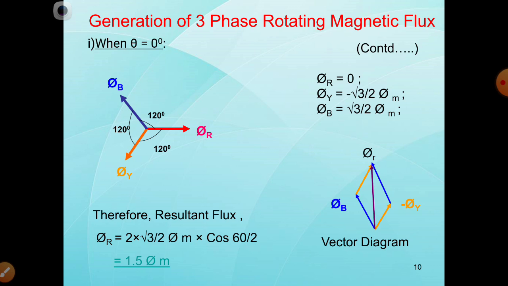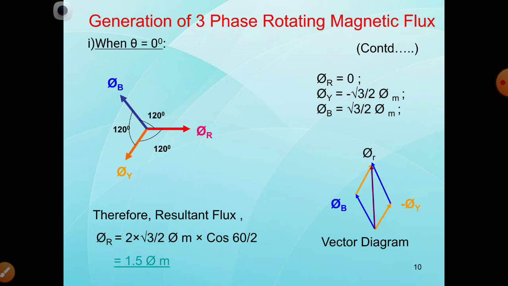Because the magnitude is the same, we use the same formula: root of phi y whole square plus phi b whole square plus 2 into phi y phi b cos theta. Since both magnitudes are equal, it is a simple equation: phi r is equal to twice root 3 by 2 phi m into cos 60 by 2.